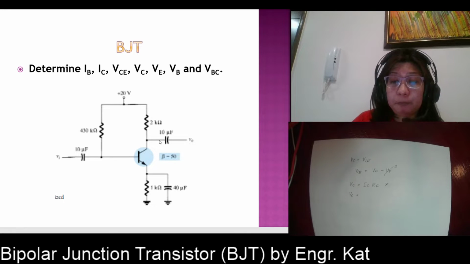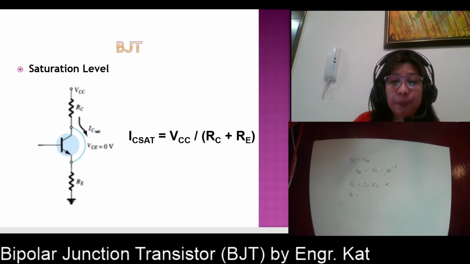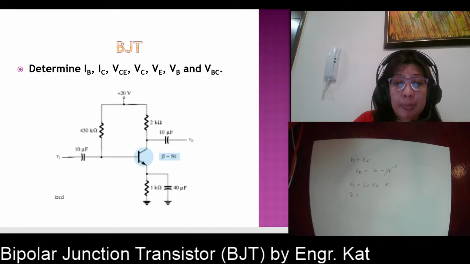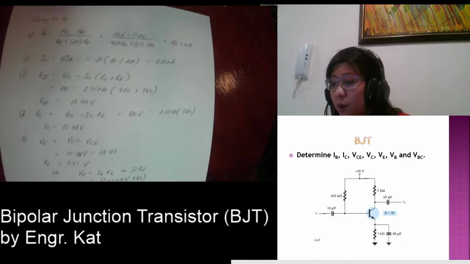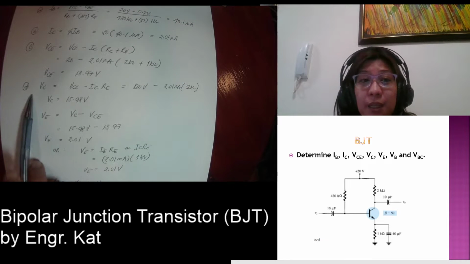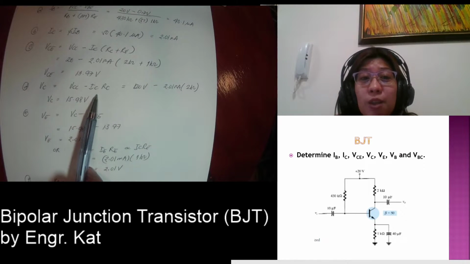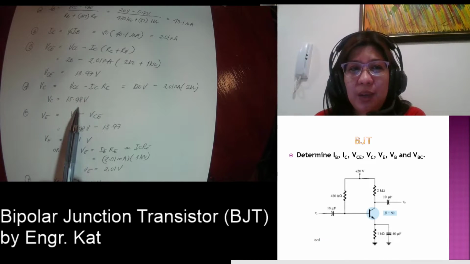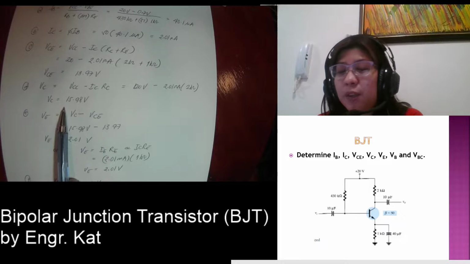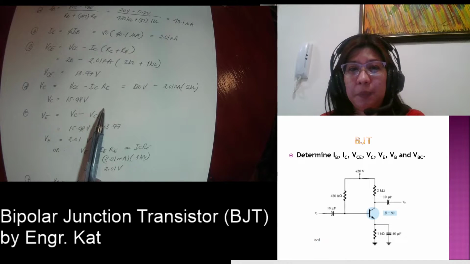Get that? So we have here VC is equal to VCC minus ICRC, not VC is equal to ICRC. So VC here is 15.98 volts.